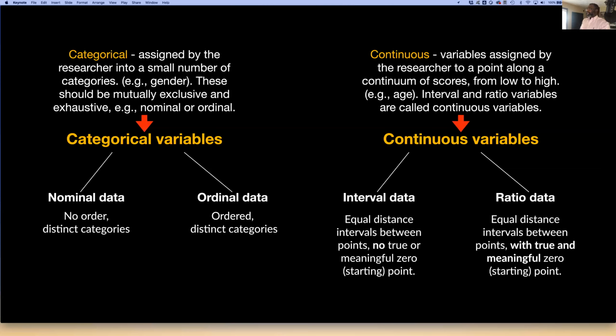Interval data have equal distance intervals between points. There's no true meaningful zero or starting point. The best definition I have for this is temperature. There's no true zero. If it is 0 degrees outside, does that mean there's no temperature? No, it doesn't mean that.